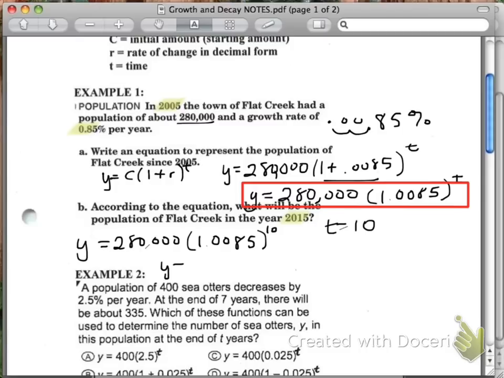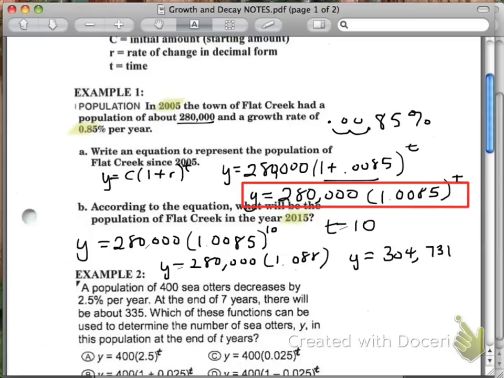So y equals 280,000 times 1.0085 to the 10th power, which is roughly 1.088. So y equals 280,000 times 1.088. So y equals about 304,731.